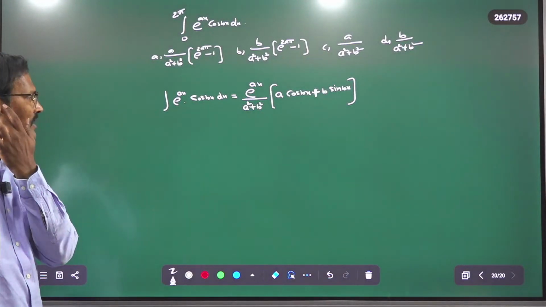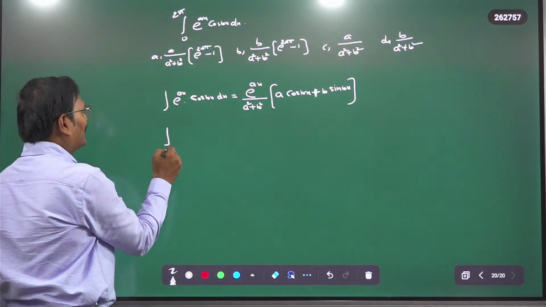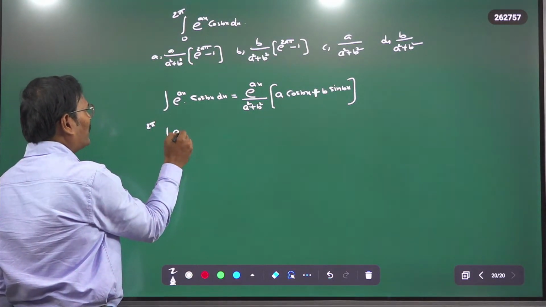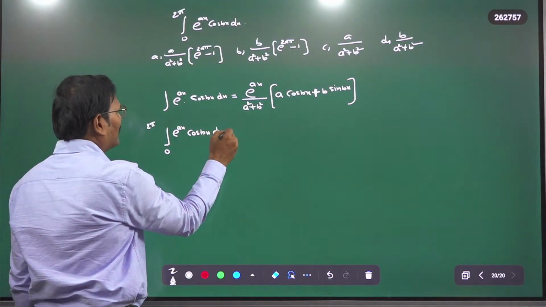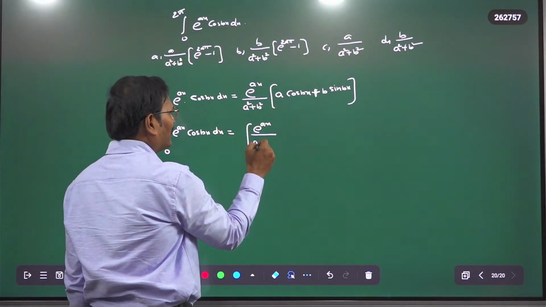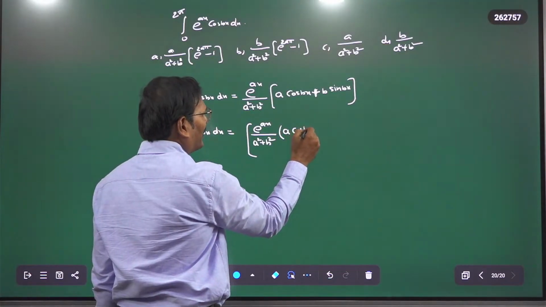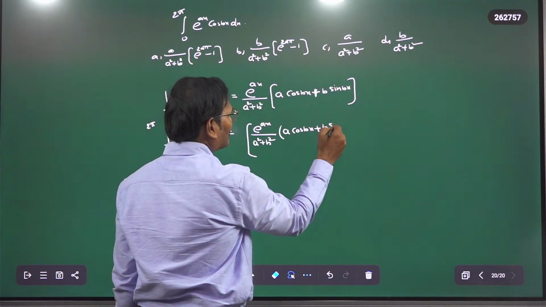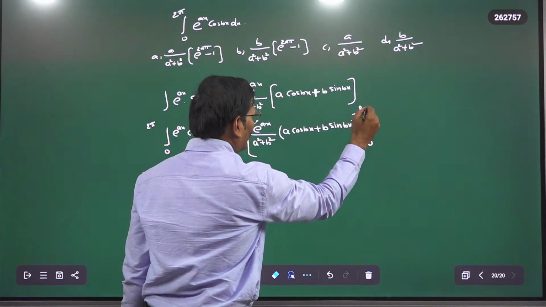Now I am using the same formula here. Integral 0 to 2 pi e power ax cos bx dx is equal to e power ax by a square plus b square, a cos bx plus b sin bx, from 0 to 2 pi.